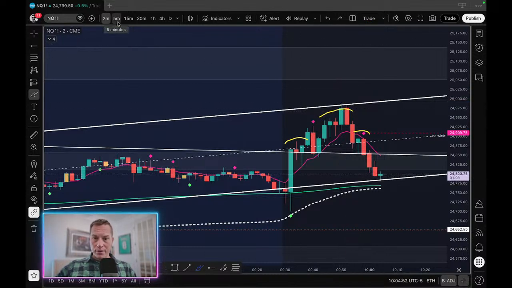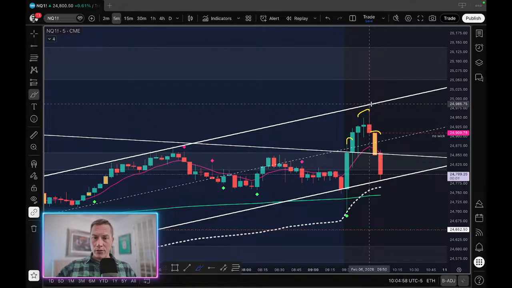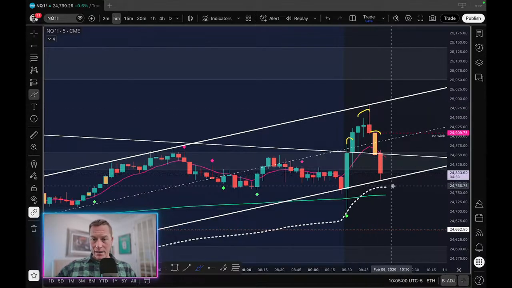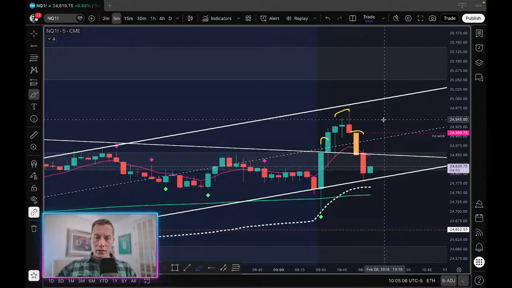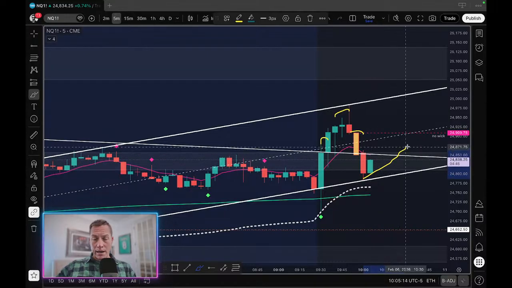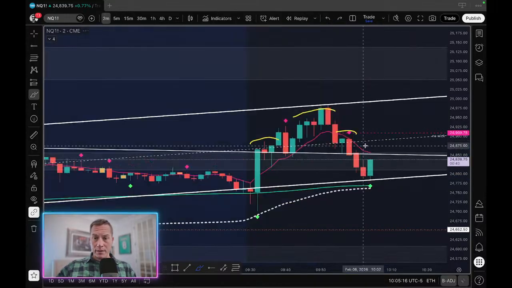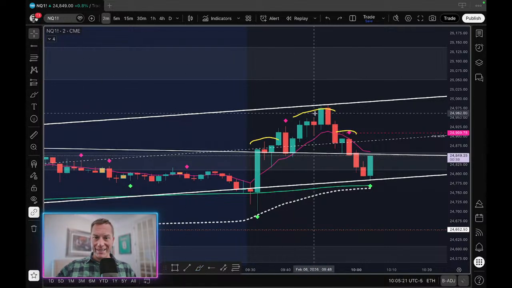Sure enough, push back down. On the 5 minute, we had a nice wick that wicked out several folks back to the downside. Now, watch this. We could potentially push up. Yep, so here's a push up. This could just be a push up to create a tail and then push down, or this could be a move to start to create higher highs or higher lows to the upside. Again, the market does the same thing over and over and over.